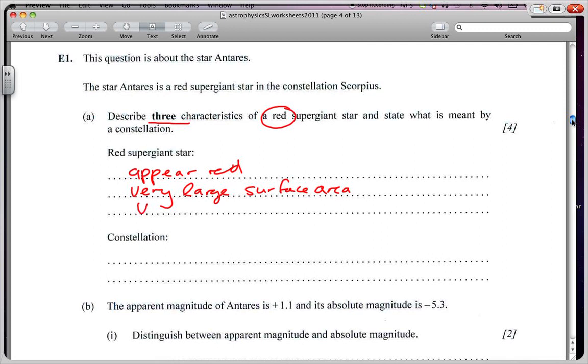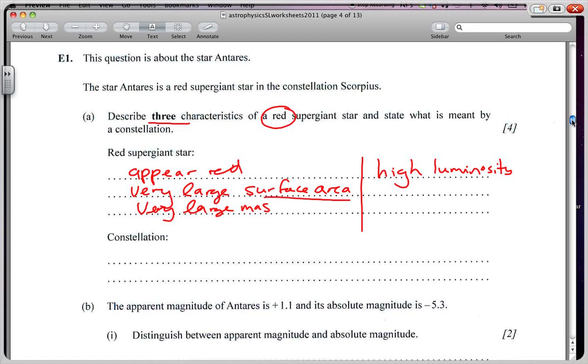Obviously, with that comes very large mass. They have got a high luminosity, not so much because of the temperature and amount of energy, but just because they have a very large surface area.